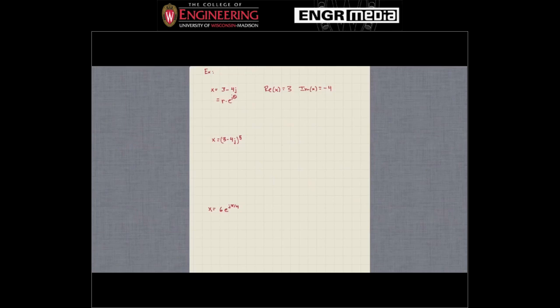Well, first of all, r is termed the magnitude or the absolute value of the complex number. Sometimes that's just denoted as r equals the absolute value of x, sometimes it's written abs of x. And really, it's a simple formula. If we go back and look at the picture I had on the previous page, it's just a triangle.